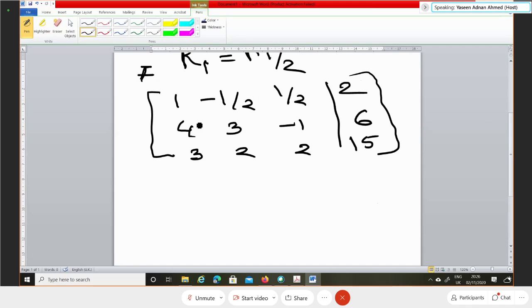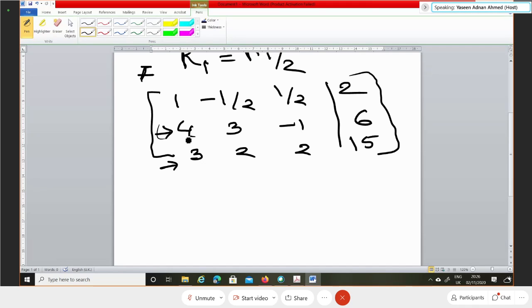Now you already have this one. So the next step: once you have the first element, A11, the first diagonal element, you have to make the elements below and above it 0 with respect to the first row, because you fix row 1 and change the others with respect to that fixed row.